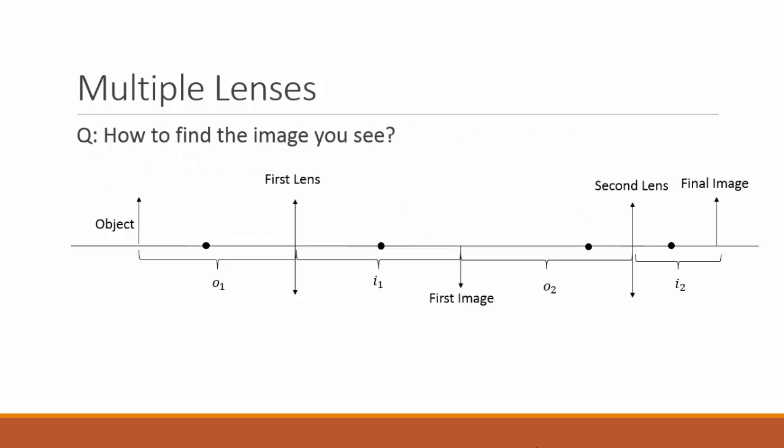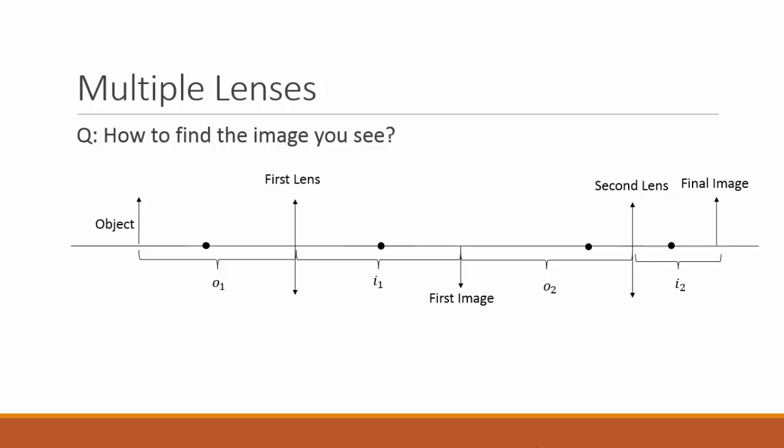If you're going to use the thin lens equation, we need to measure these distances appropriately. So even though physically the first image is the second object, here I'm going to call the object distances O sub 1 for the first object, or the object for the first lens, and O sub 2 is the object for the second lens, and so on. Physically, I1 does not often equal O2.